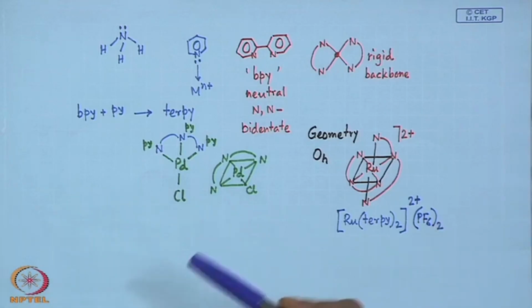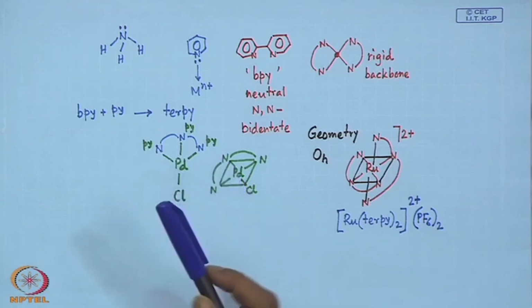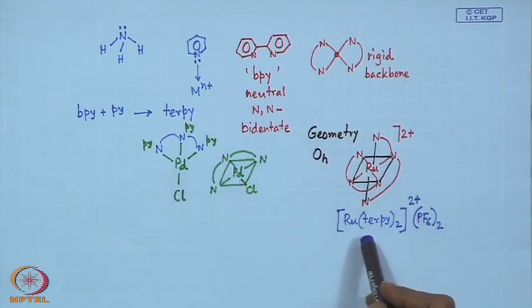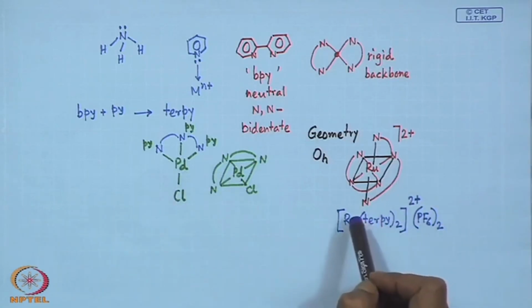So, this sort of ligand is also very important because the photophysical and other properties for these ruthenium terpyridyl compounds are very rich.